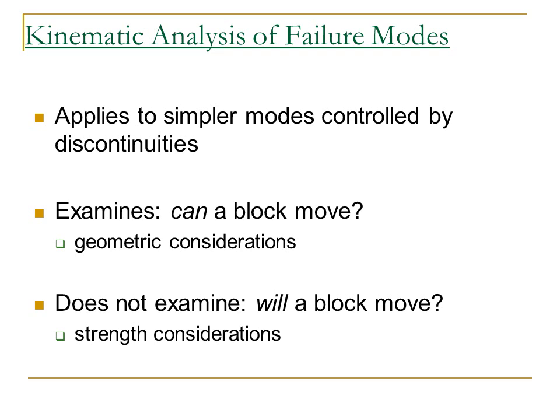After we've decided that a potential block can move, then we can examine whether the block will move. To do that, we'll need to know more about the discontinuity strengths and do a different kind of analysis. But kinematic analysis looks simply at the geometry of the block and asks the question, can that block move?